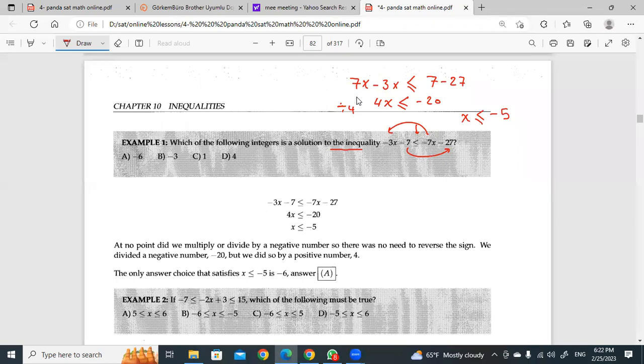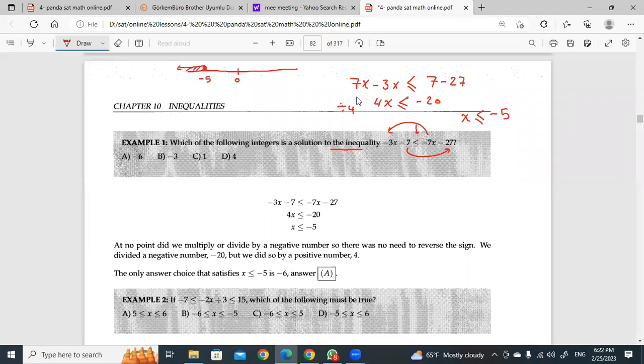Don't get confused. I have a negative number, so this is my number line. This is 0, and this is negative 5. This means x is any number less than negative 5, so do we move to the left or to the right? To the left, perfect.